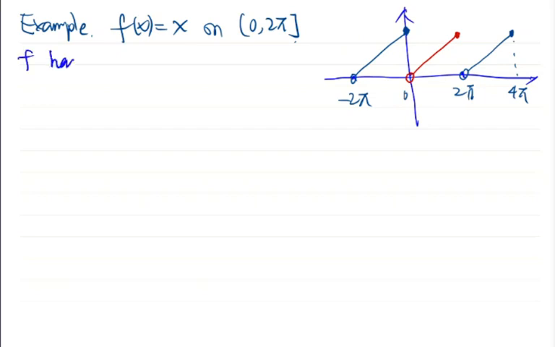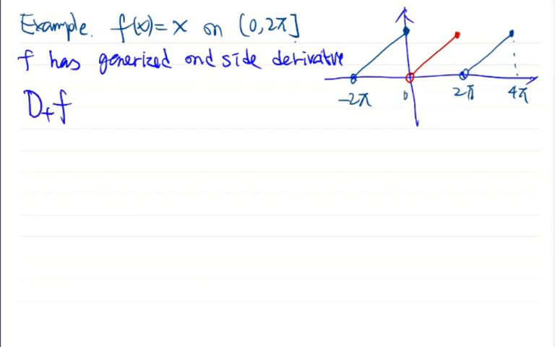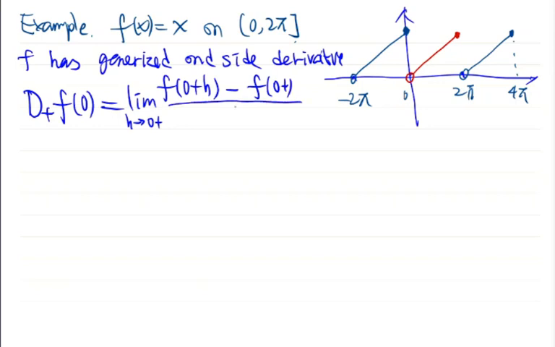f has generalized one-sided derivatives. For example, at 0, we consider the generalized right derivative at 0. That is the limit as h goes to 0 of f(0 plus h) minus f(0 plus), divided by h.